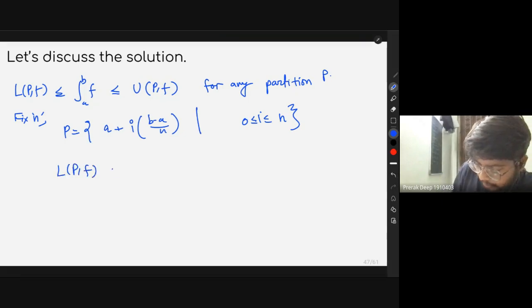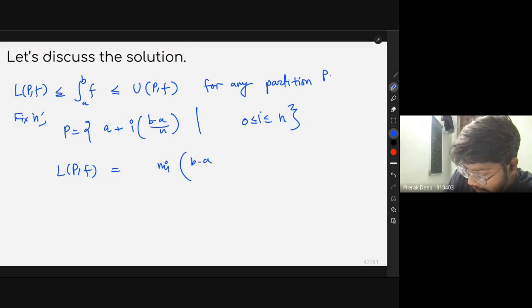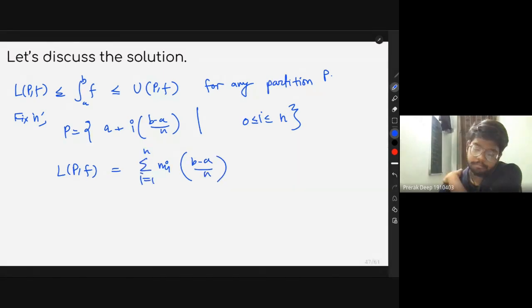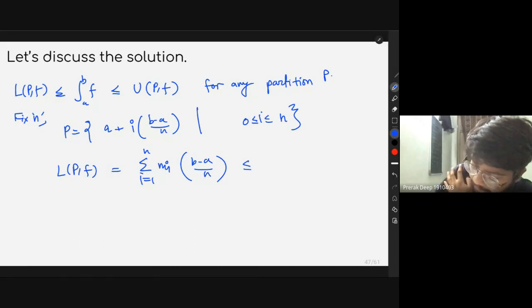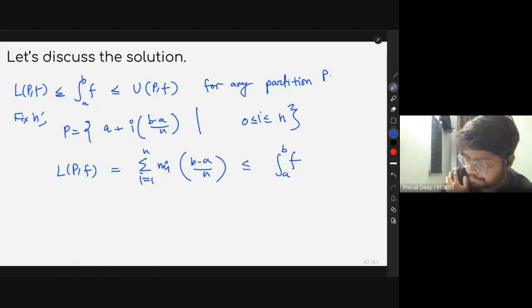L(P,f) is nothing but the minimum times the length of the subinterval, which in this case is (b minus a) by n, summed over all the subintervals, and it is smaller than this value.